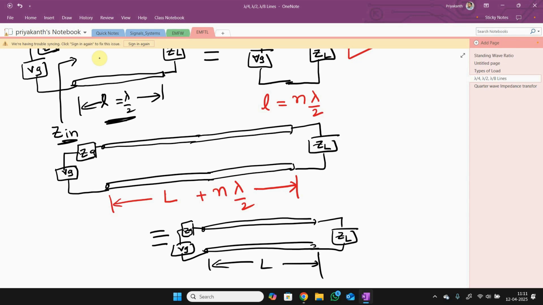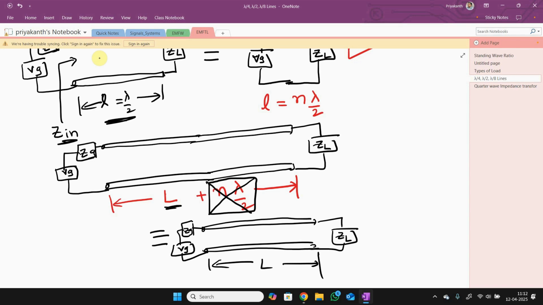Yes, sir. So this half wavelength transmission line concept can be used to reduce the length of a transmission line, so that we can reduce the amount that we spend on the length of a transmission line. When the transmission line is L plus n lambda by 2, the extra length need not be physically connected.